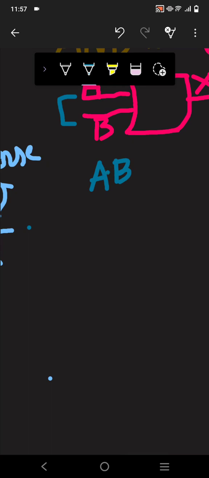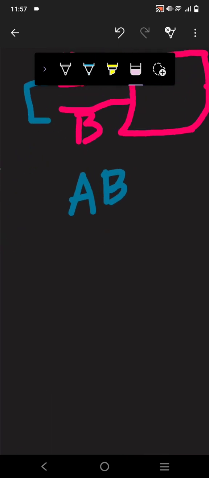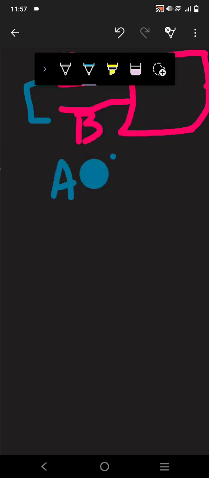So we know that this dot between them shows the multiplication sign.